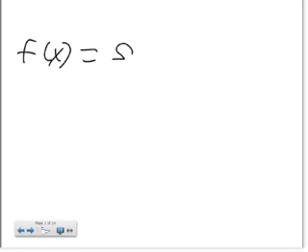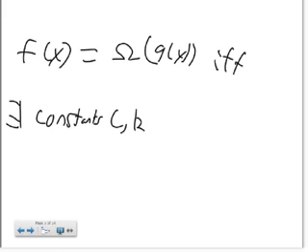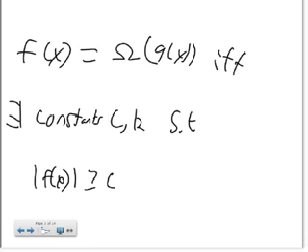Alternatively, omega notation is the opposite. f of x equals omega of g of x if and only if there exist the same two constants, c and k, also called witnesses, such that the absolute value of f of x is greater than or equal to c times the absolute value of g of x for all x that are greater than k.